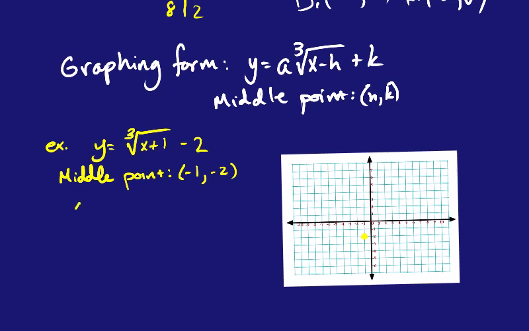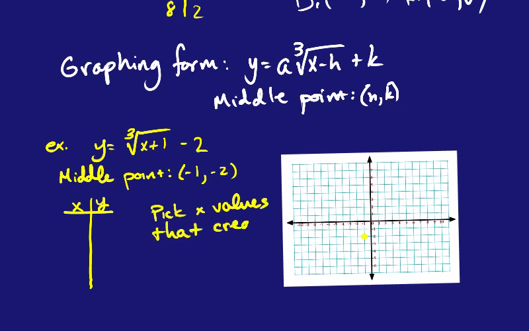The way that you get those 4 other points in your table is you pick x values that create perfect cubes. And to make your life easier, the perfect cubes you should be trying to create are -8, -1, 1, and 8. That way it'll fit easily on the graph.